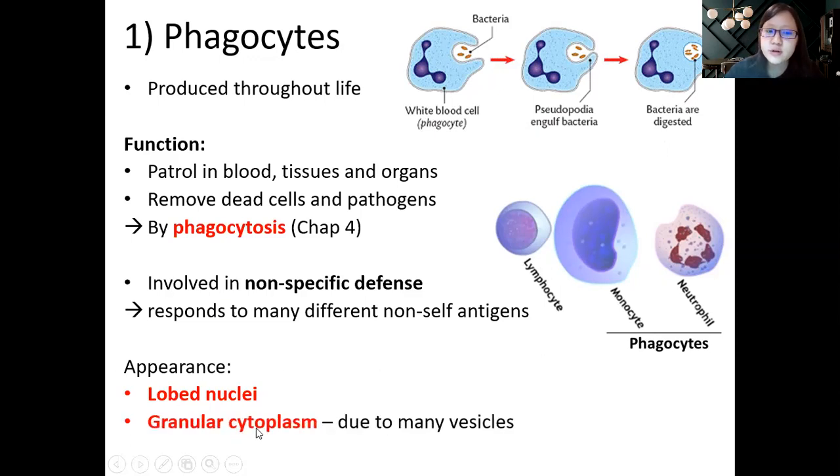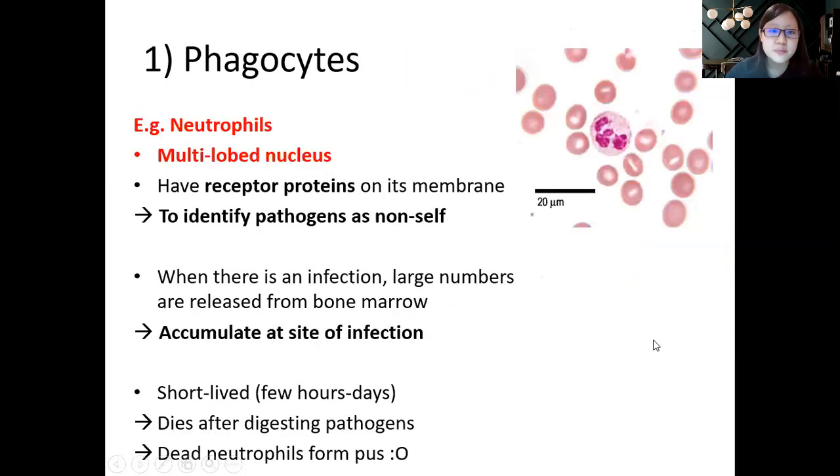And they also have granular cytoplasm very often due to many vesicles. It has a lot of vesicles because obviously it's going through phagocytosis, and phagocytosis involves formation of vacuoles and many lysosomes that contain hydrolytic enzymes. So you would expect that of phagocytes, wouldn't you?